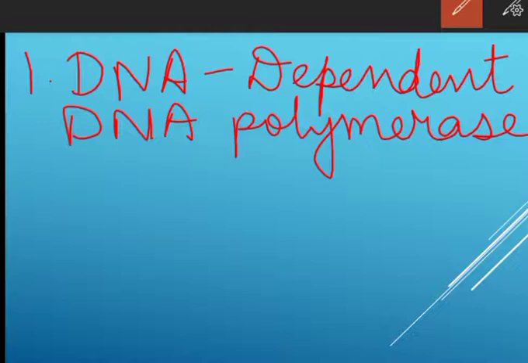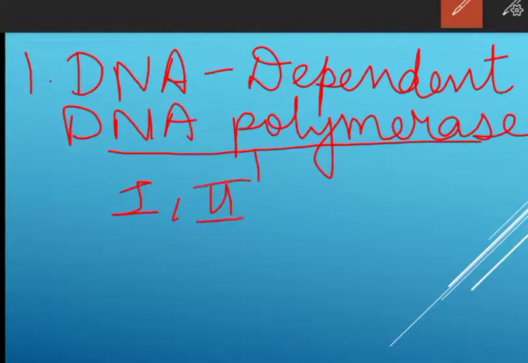In prokaryotes, there are three types of DNA polymerases, that is DNA polymerase 1, 2 and 3.